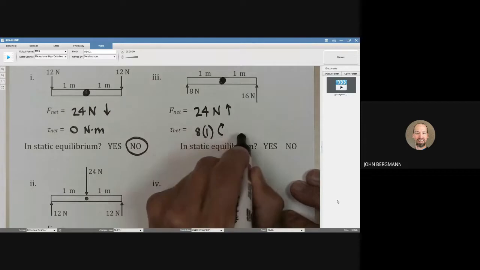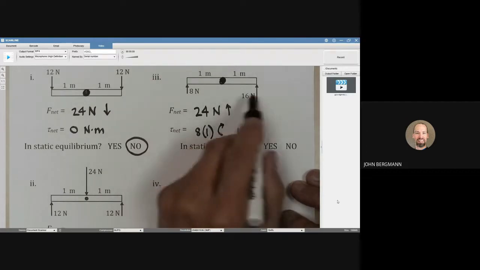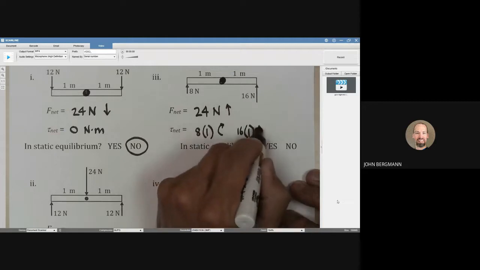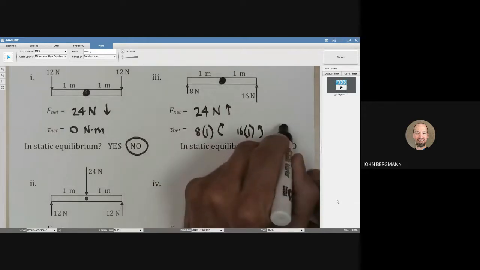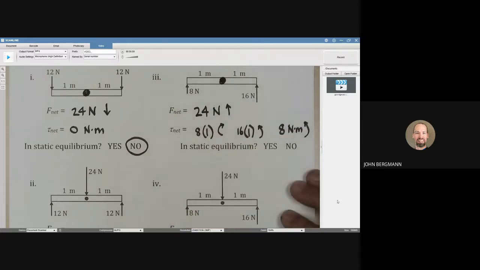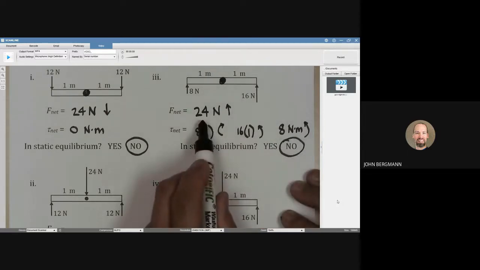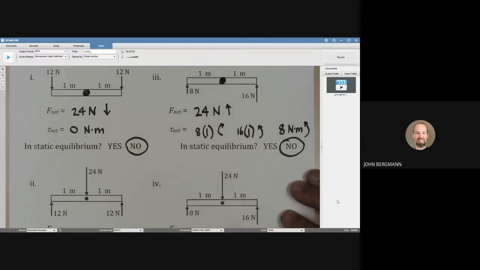And then we've got 16 newtons, and we've got 1 meter as a lever arm, and that's going this way. So that leaves us with a net of 8 Newton meters counterclockwise. This is definitely not in static equilibrium. The forces don't add up to 0, and the torques don't either.